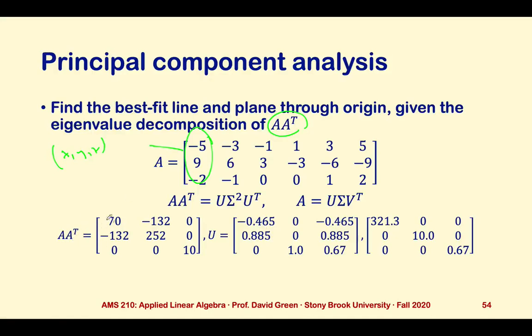AA transpose is a 3 by 3 matrix that describes how the various components X, Y, Z for these 6 points vary with respect to one another.